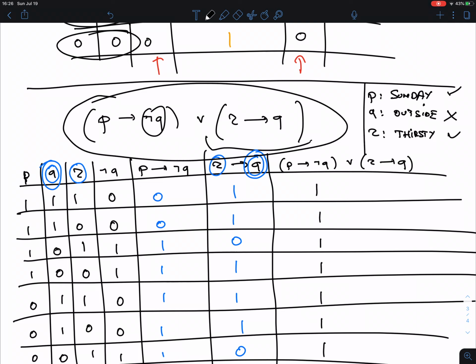We're using these terms. It says that if it's Sunday, then I do not go outside, or, if I'm thirsty, then I go outside. Can you figure out that this statement is always true? I don't think so, right? The only way to see that is making the truth table. So that is the whole point of these truth tables.